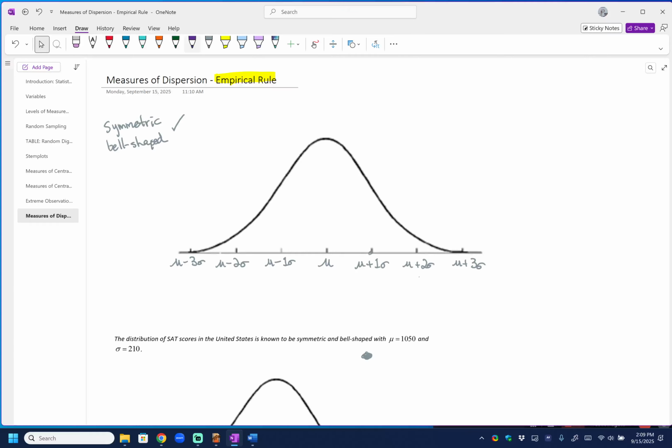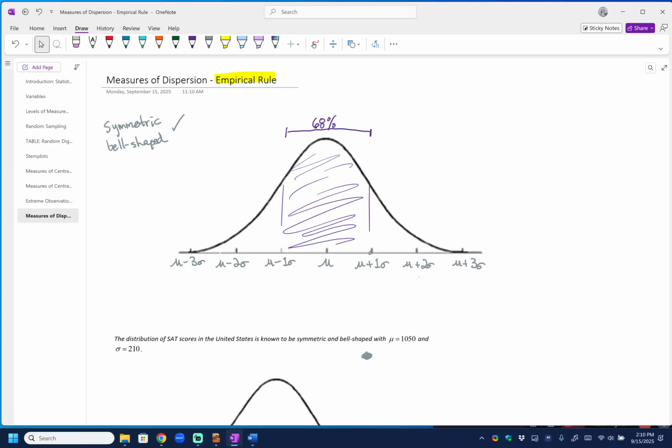Okay, so we're going to start with the first standard deviation markers. If we were to highlight this entire region and compute that area, which we'll talk about a lot later, generally, if you go 1 standard deviation each way from the mean in a symmetric and bell-shaped distribution, then that will always be 68% of all the observations in that population.